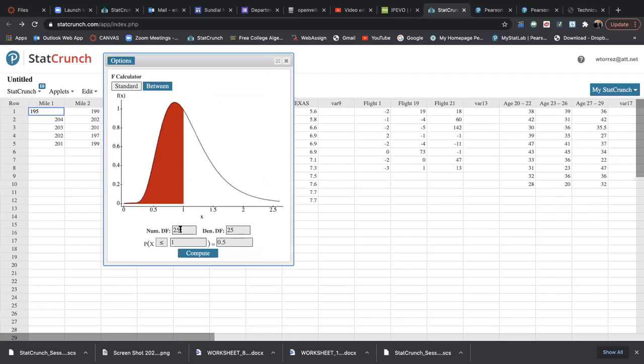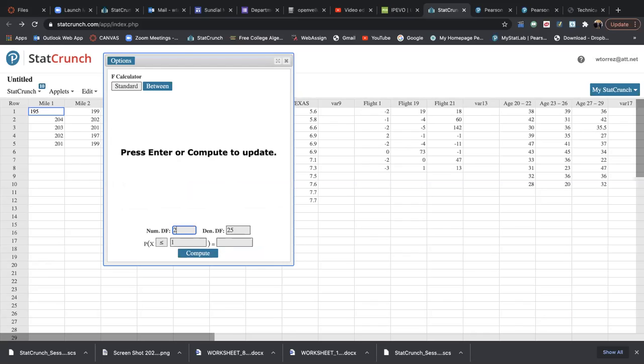And what we're going to do is give it a pair of degrees of freedom. One for the numerator, which is 2, and the other for the denominator, which is 12. Okay, those are the two numbers of degrees of freedom that we calculated before. All right.